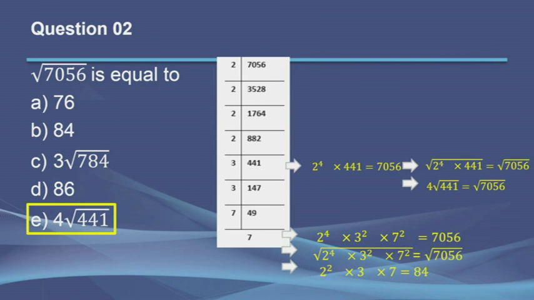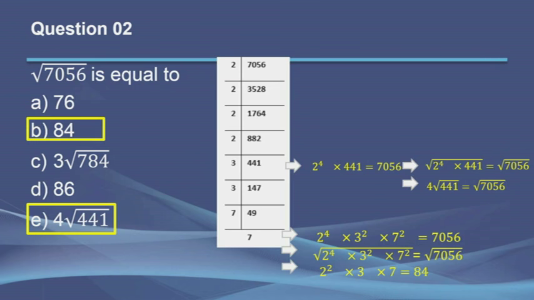Now we are further moving on with our division. At the end we will end up with 7056 equal to 2 to the power 4 multiplied by 3 to the power 2 multiplied by 7 to the power 2. If we take the square root of both sides, we will end up with the answer 84.